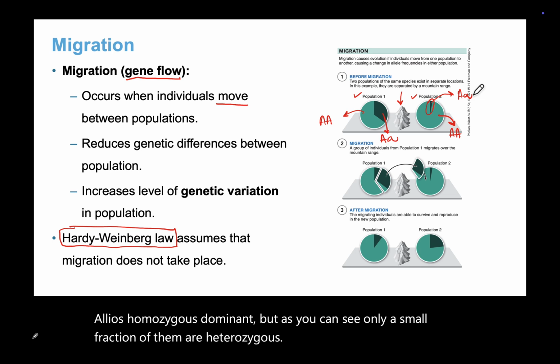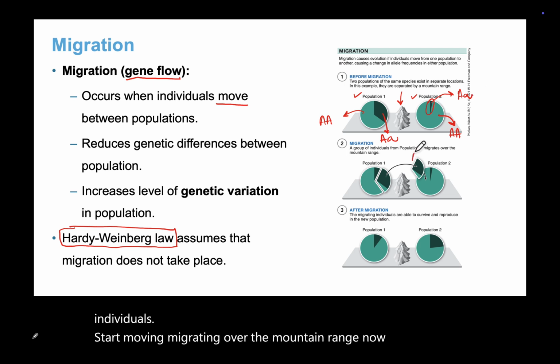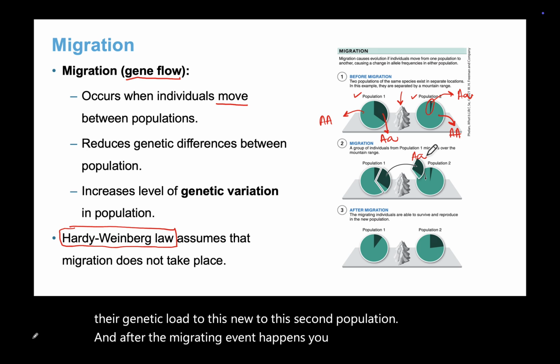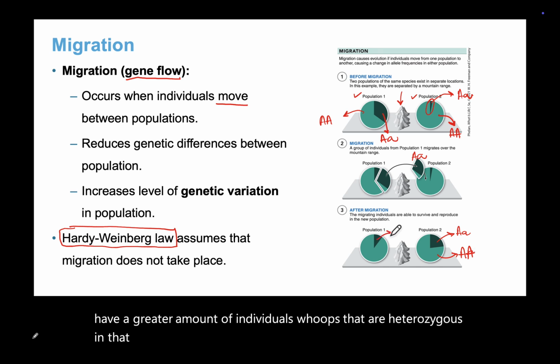What happens now is that when a portion of this group of individuals starts migrating over the mountain range, they bring their genetic load to this second population. And after the migration event happens, you can see that now you have a greater number of heterozygous individuals in that population, and here you have a reduction in the number of those individuals.